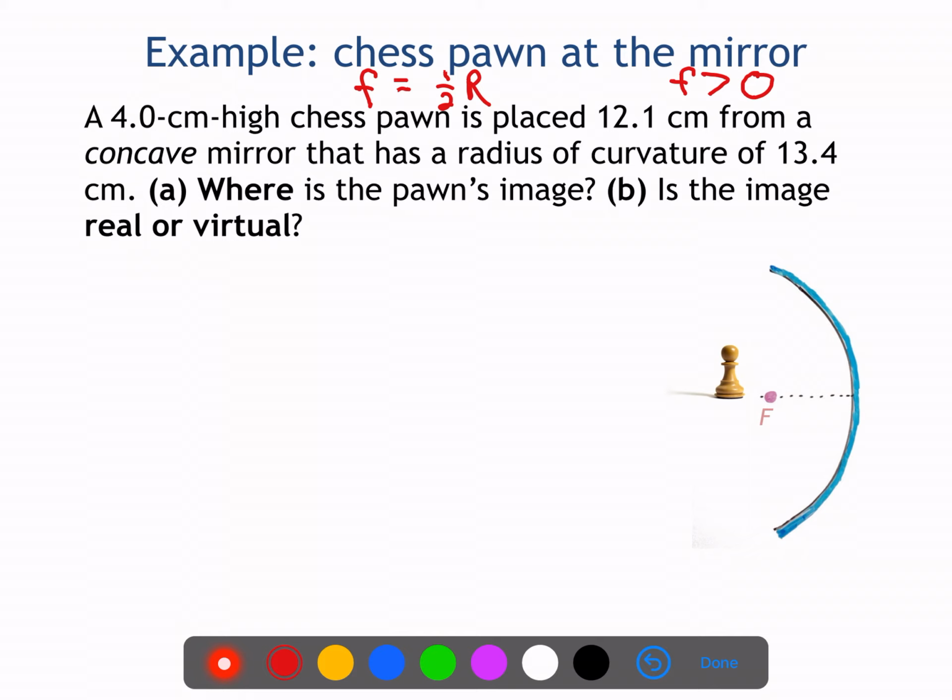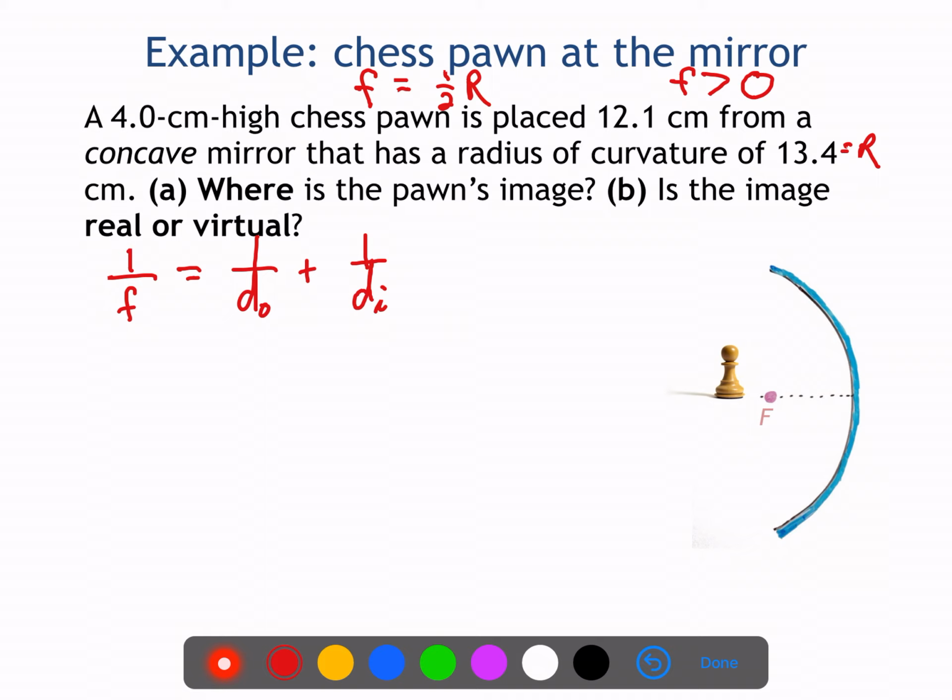And then we also need the mirror equation, that 1 over the focal length will equal 1 over the distance to the object plus 1 over the distance to the image. Okay, so we are given the radius of curvature in this problem right here. This is my R.